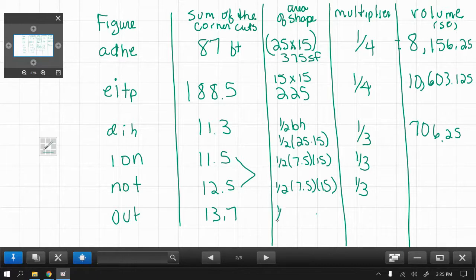And then the last one is 1/2. 15 times 15 divided by 1/3. Then I just have to do the 2.